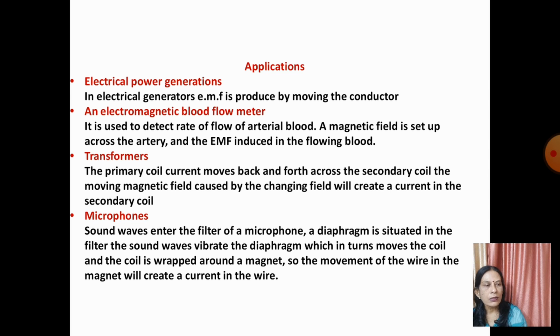In the previous topic, we studied that if the current is changing in the primary coil, it induces a current in the secondary coil. So this is the main concept of the transformer. The changing current in the primary coil creates a moving magnetic field, which will create a current in the secondary coil. So this is the basic principle of the transformer.